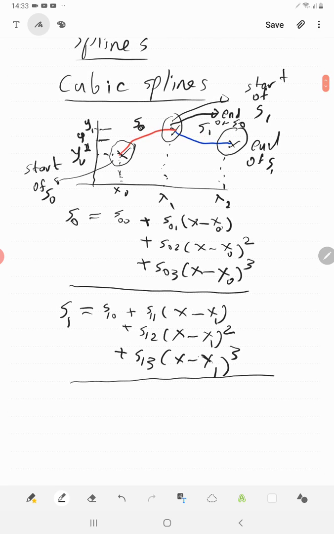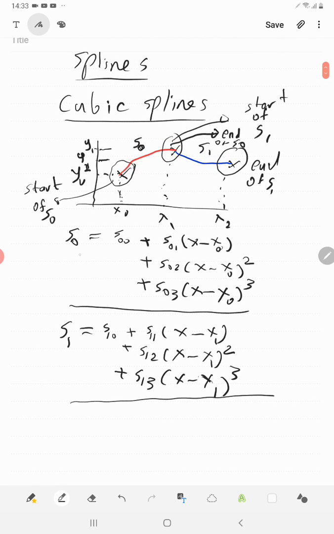For the first segment, S0 is equal to S0,0 plus the other terms. At the start of the node, x minus x0 is 0, x minus x0 squared is 0, and x minus x0 cubed is 0.